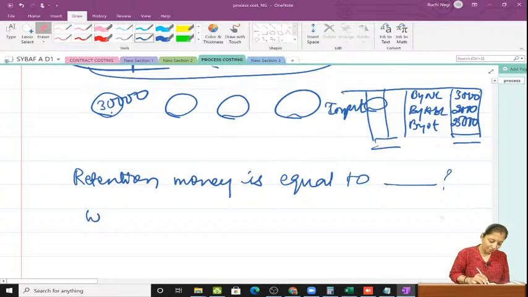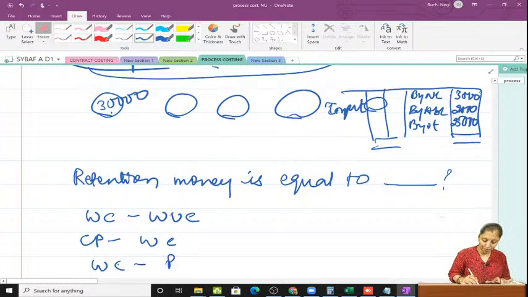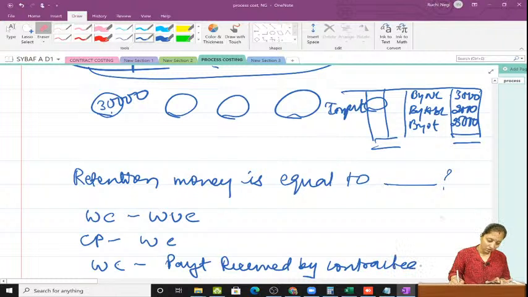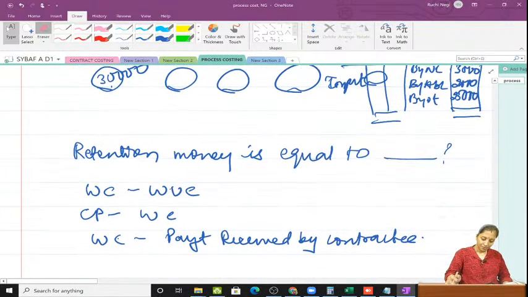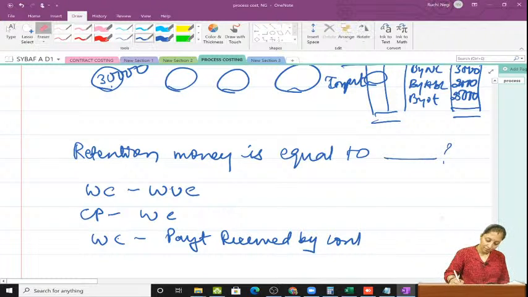Okay, so I'm just telling you that's work certified minus work uncertified, or is it contract price minus work certified, or is it work certified minus payment received by contractee? Okay, sorry, payment received by contractor. The contractor gets the money, contractor.